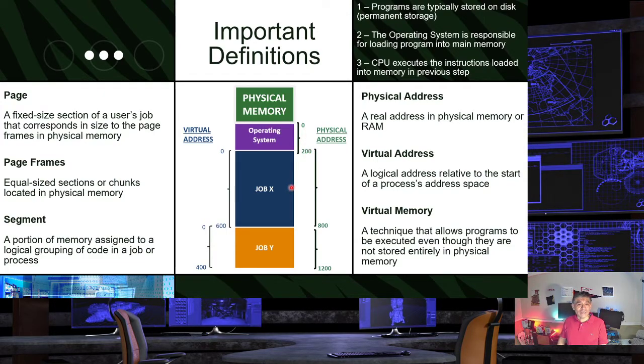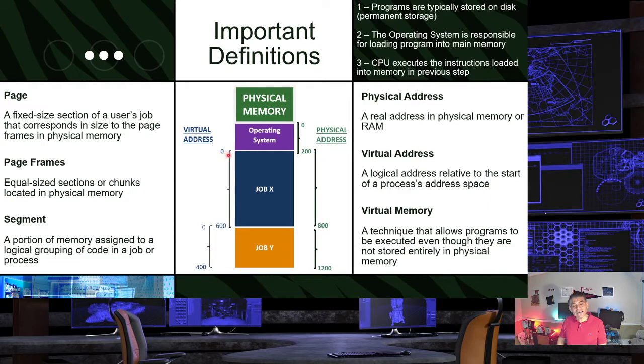Job X, on the other hand, depicted in blue, is taking the physical address space from 200 to 800. And finally, job Y, which is depicted in orange, is taking the physical space in memory from 800 to 1200. On the left, we have the depiction of the virtual address space.